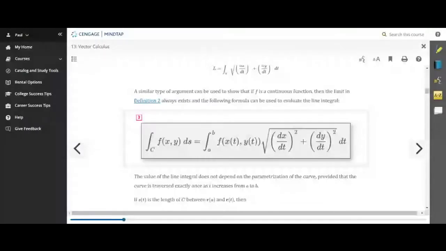What I'm trying to say is that in this original formula, which should always work no matter what the arc looks like, if we have a horizontal arc, then ds would become what?